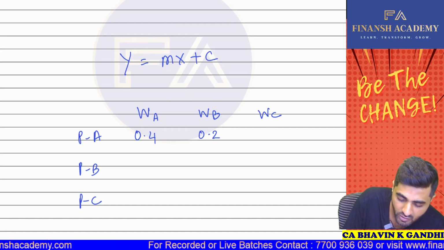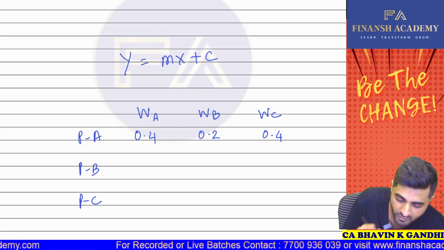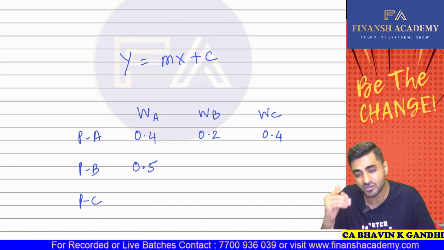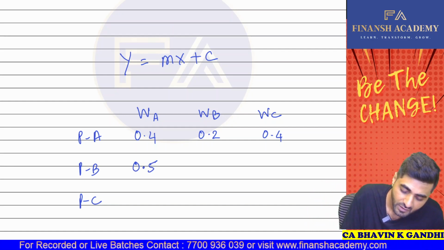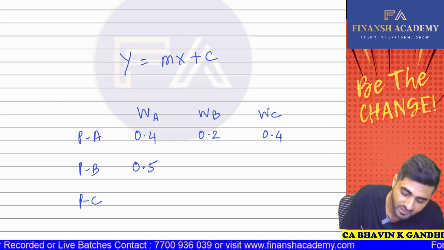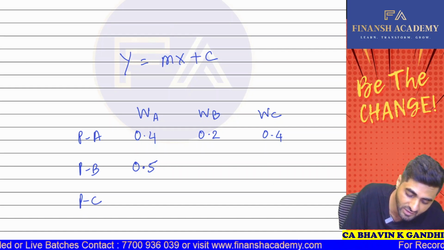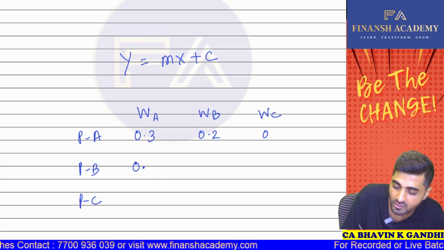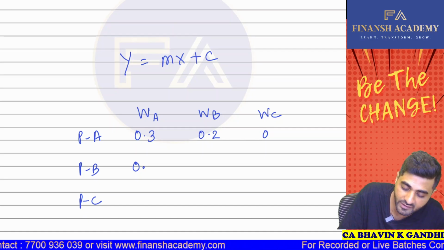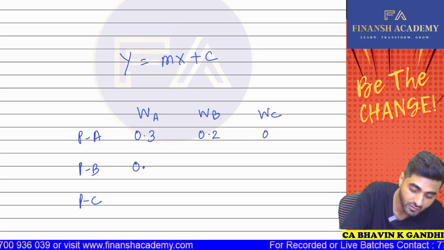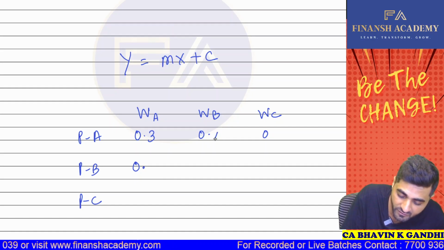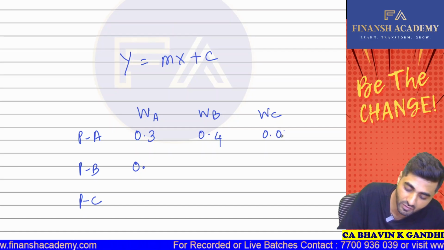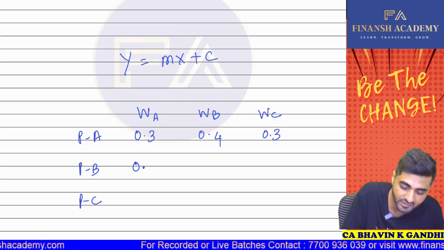Now, if suppose this increases in portfolio B, if suppose this is now going to be 0.5, okay, let me take it like this: 0.3, 0.2, and let this be 0.4. So 0.3, 0.4. So this is now going to be 0.3. Okay. Then let me take this particular portfolio.